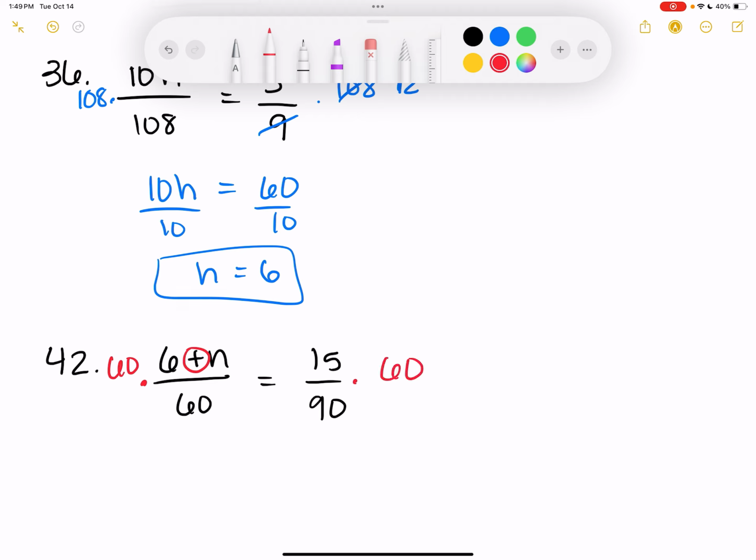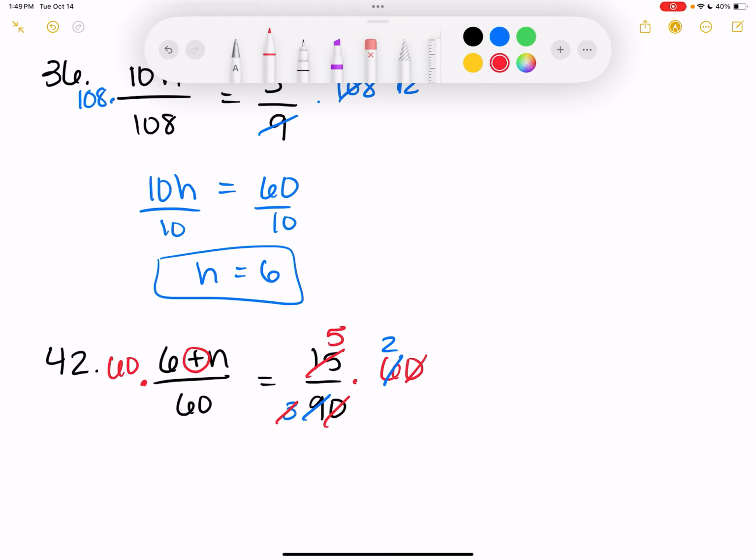Now, I have a 0 on the end and a 0 on the end, so I can cancel them. 6 and 9 can both, a 3 can come out of both of them. So that would be left with 2. That would be left with 3. What else can I do? 15 and 3. 3 goes into 15 5 times.